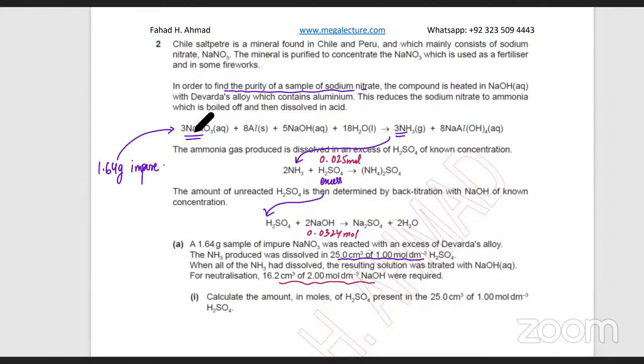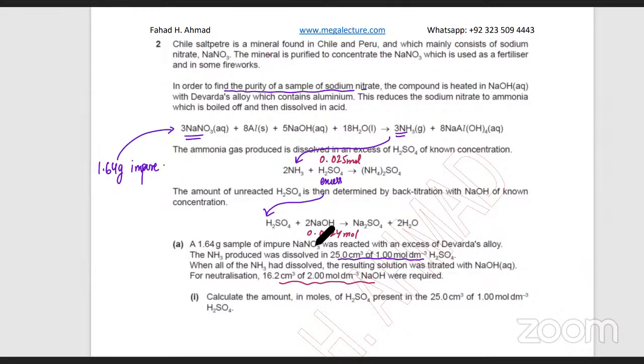Basically you took 1.64 grams impure. Ammonia got produced, you added it to excess sulfuric acid, which was 0.025 moles. The excess remaining H2SO4 was titrated with NaOH, and the moles of NaOH are given, 0.0324 moles. Now, based on that, you have to figure out the purity.